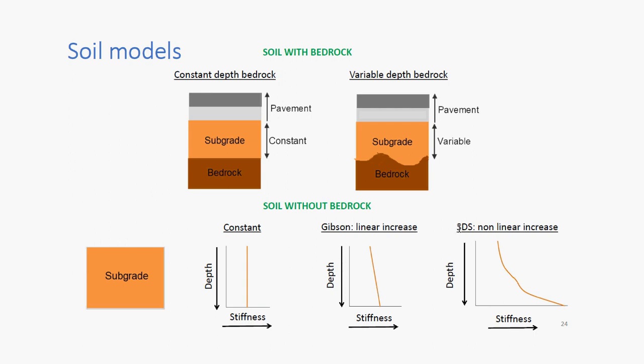And we have the SDS or stress dependent subgrade model, which just like the Gibson soil model assumes that there's an increase with stiffness as the depth increases. But in the case of the SDS model, the increase in stiffness is not linear, so it's not directly proportional to the depth. It's an exponential increase if you want to consider it that way.